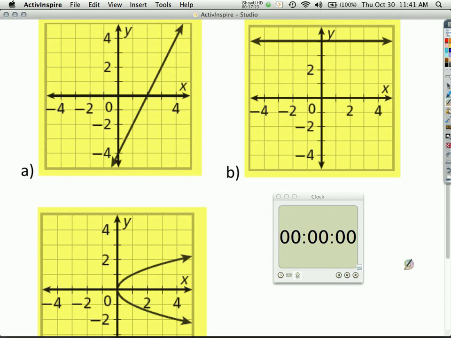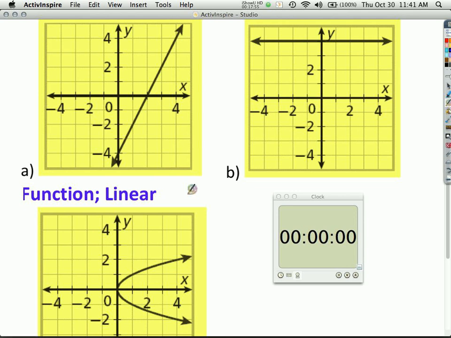All right, let's see how well we understood part A. You need to tell me whether it's a function or whether it's linear. So let's go with, look at your desk, your new desk, and make a note of what letter and what number you are. And I need number 4 and number 9. Number 4, what did you think? It's a function and it's linear. Okay, number 9. So you two agree. It is a function and it is linear.